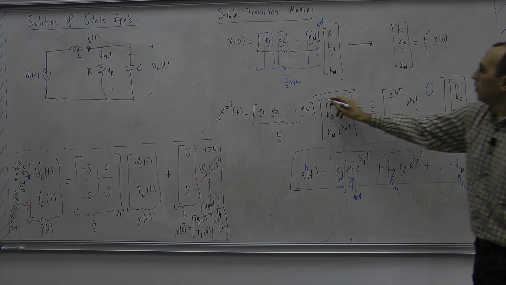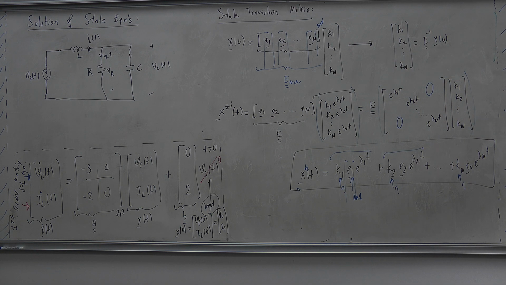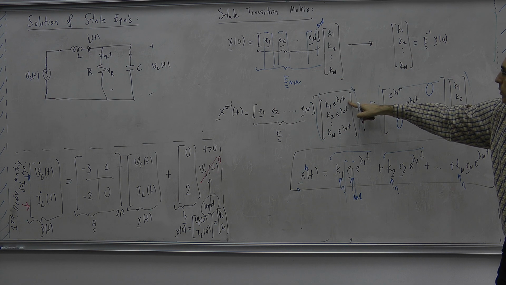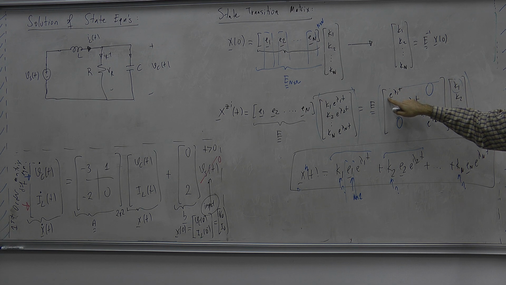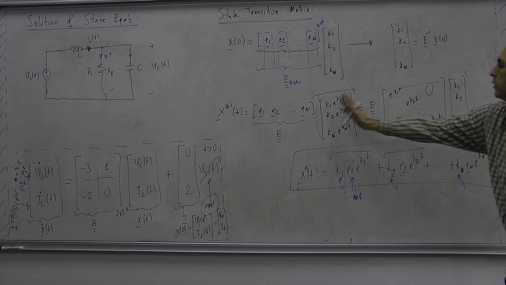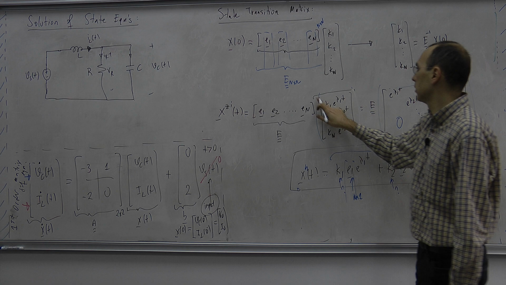So can I write this part, this bracket like that? Well, high school way, multiply the first row by first column, you get this, which is good. Second row by first column, you get this. Or you multiply the first column by k1, you get this thing multiplied by k1. Second column by k2, add them, okay? You get again this. So this is correct.